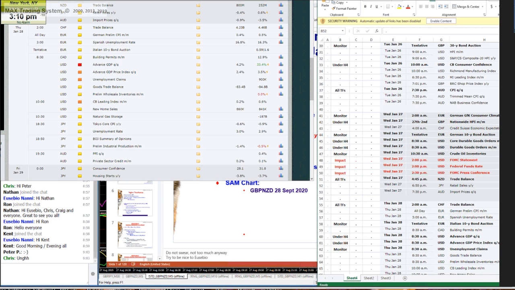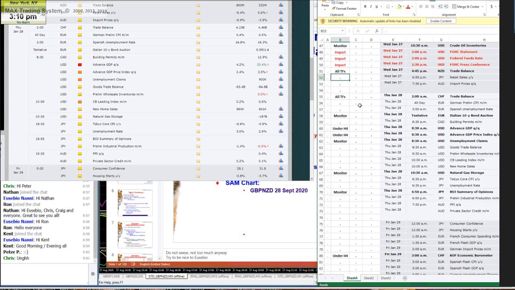Thursday, we have the Swiss trade balance all time frames. Yep. I will monitor the German preliminary CPI month over month. Monitor the Euro-Italian 10-year bond auction. Yep. Then we have the US dollar advanced GDP quarter over quarter all time frames.